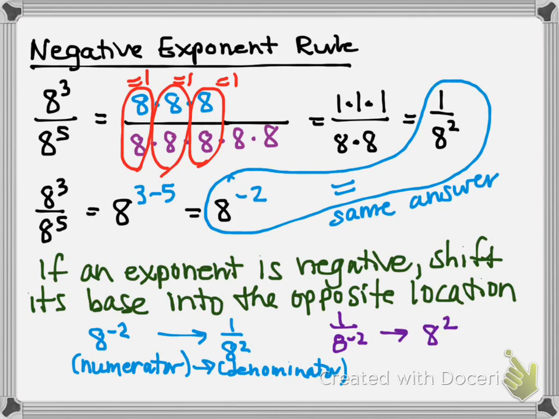So if it's negative in the numerator, it goes down to the denominator. If it's negative in the denominator, it's going to shift into the numerator. Okay? So you basically need to switch which side of the fraction bar the base goes in order to make the exponent positive.